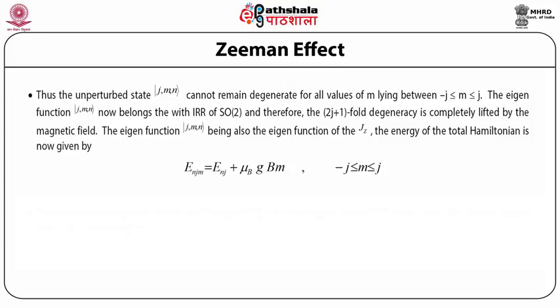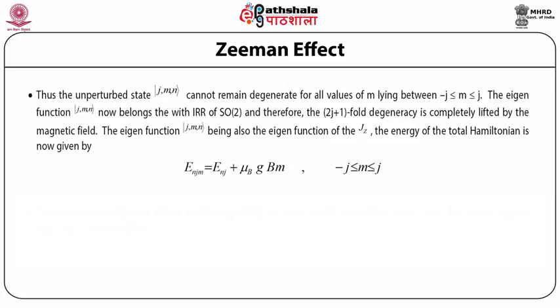The eigenfunction JMN being also the eigenfunction of the z component of the angular momentum, namely Jz, the energy of the total Hamiltonian is now given by the energy of the unperturbed Hamiltonian plus the magnetic energy.